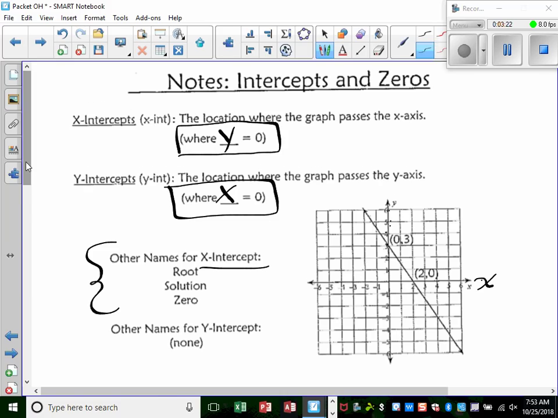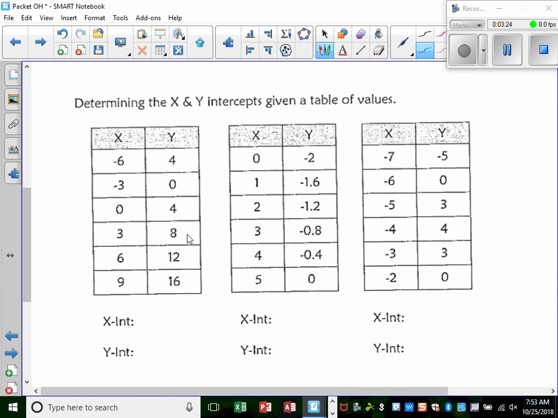So it's actually a good visual when you have a table. Determining the x and y-intercepts given a table of values. So x-intercept, I'm looking where y is 0. So everybody look at the table where y is 0, right here. I go over and read the x-intercept, which is what? -3. It's that simple. And we're going to write it as -3, 0.